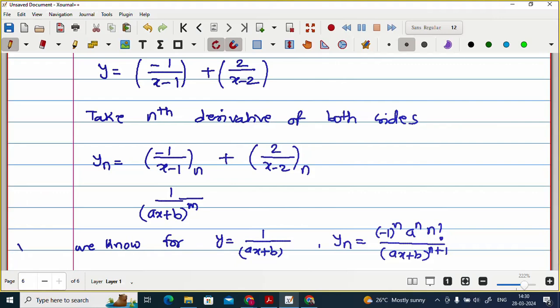This is formula number 5, a special case of formula number 4. So we can use it.